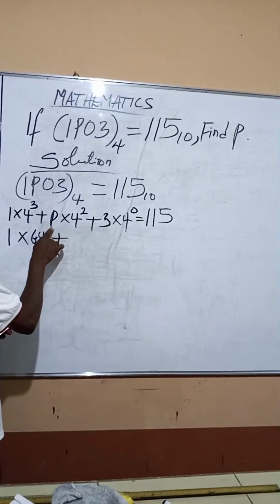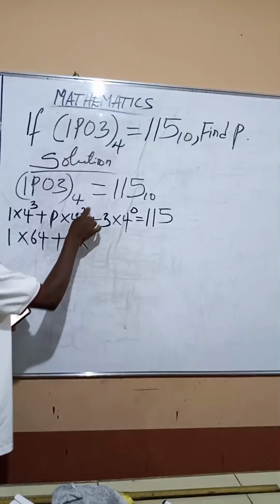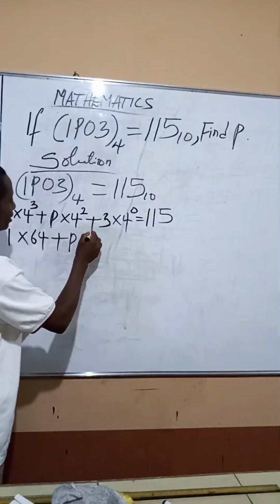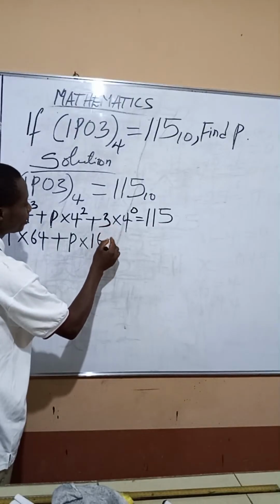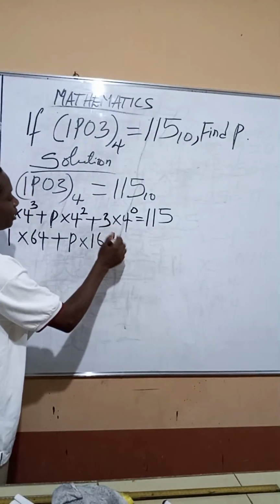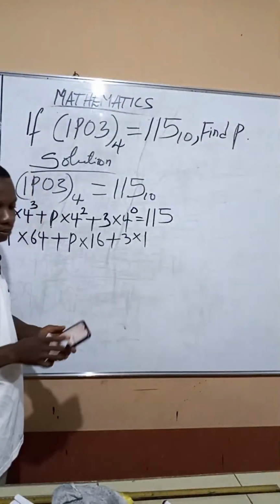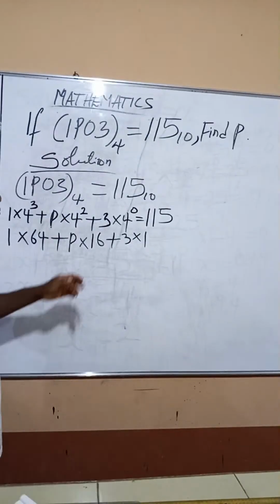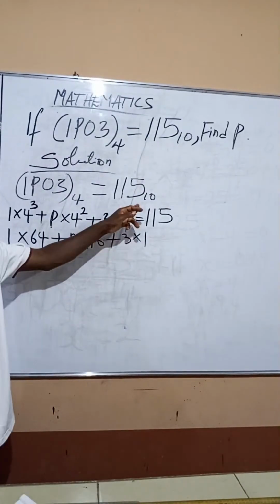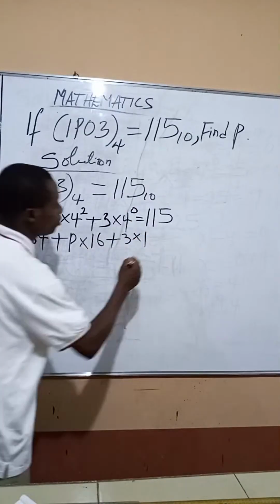Plus P, which is the unknown, times 4 squared, which is 16. Then this is going to be 3 times 1. I'm sure you know why it is 1, right? It is simply 1 because 4 is raised to the power of 0. Whatever we raise to the power of 0 is 1.